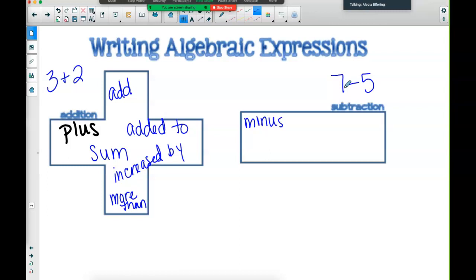Give me another word or phrase. Subtracted by. I see that at home Derek said decreased. Absolutely.